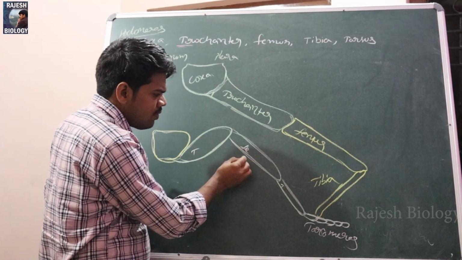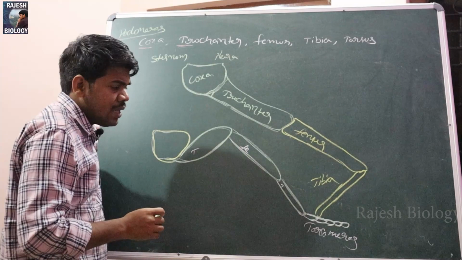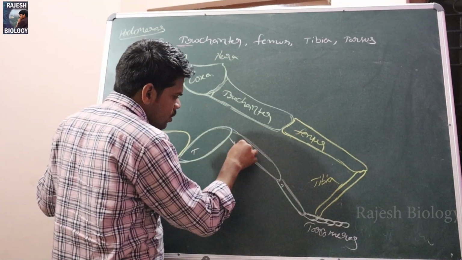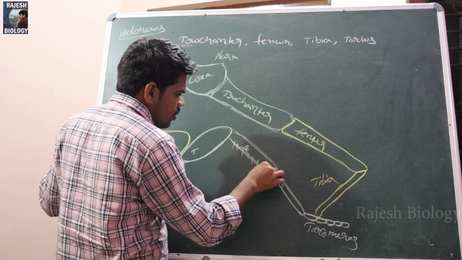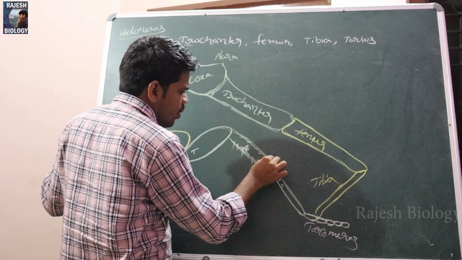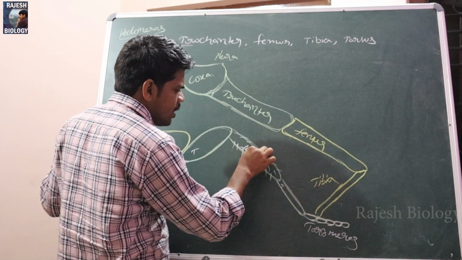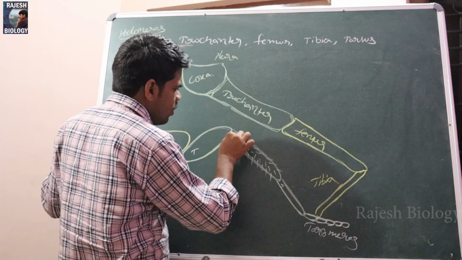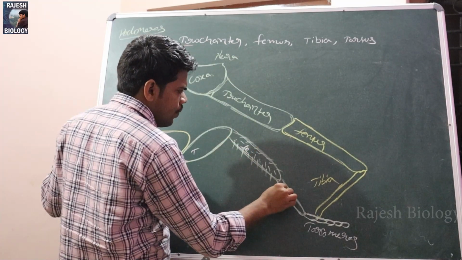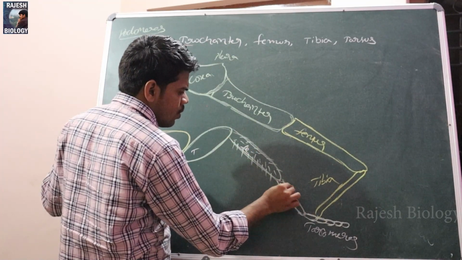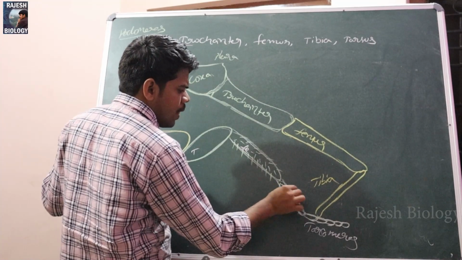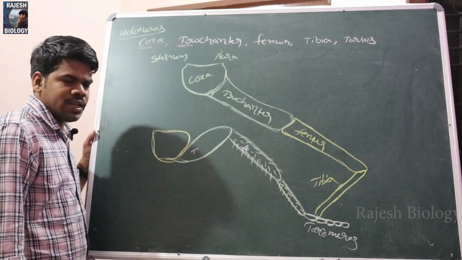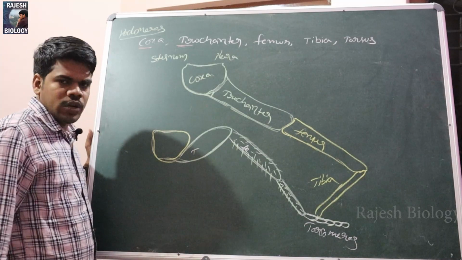Now, if you observe, this femur has bristles. Very important: bristles are present on the femur and the tibia, not the trochanter, not the coxa.